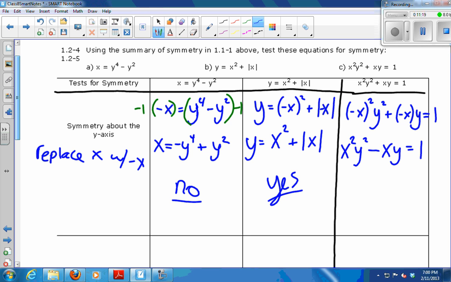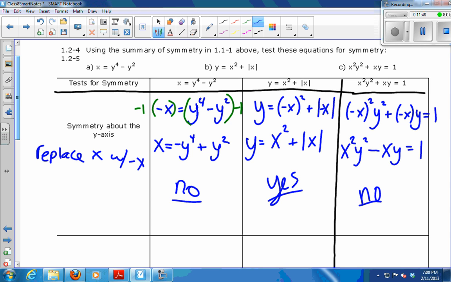Is that my original equation? Any way to make it my original equation? Because I'm off by one sign, and my only trick for changing signs is to multiply both sides by -1, but that changes every single sign, and I only am off by 1. So this is a no for y-axis symmetry.